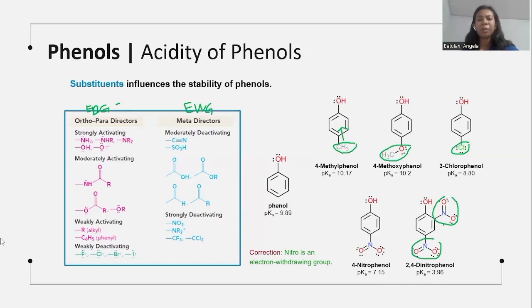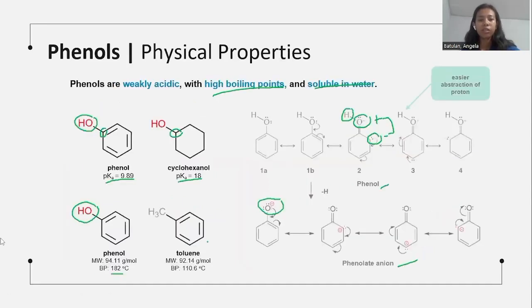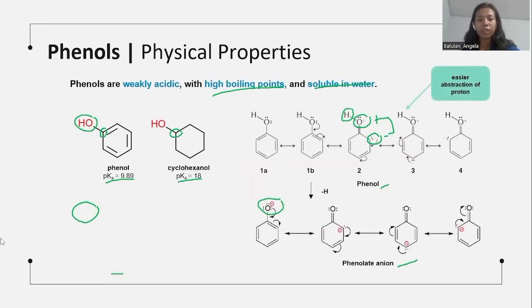So, kung mapapansin nyo rin pala, yung nitro, nasa ortho and para lang sila, as makikita natin sa previous slides. Ito. So, kapag nag-delocalize yung electron, nandun na sila sa ortho and para sites.